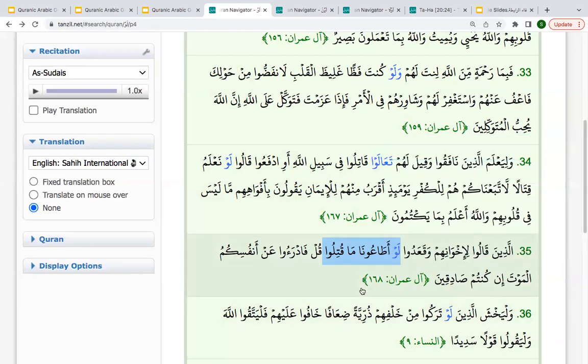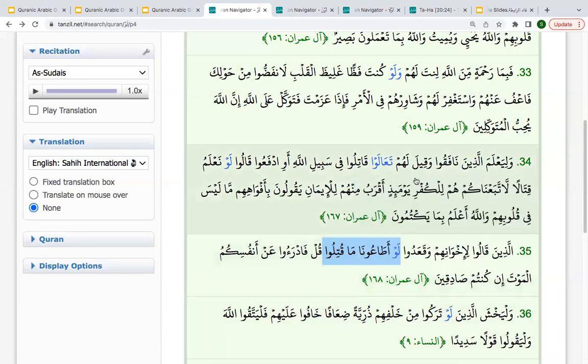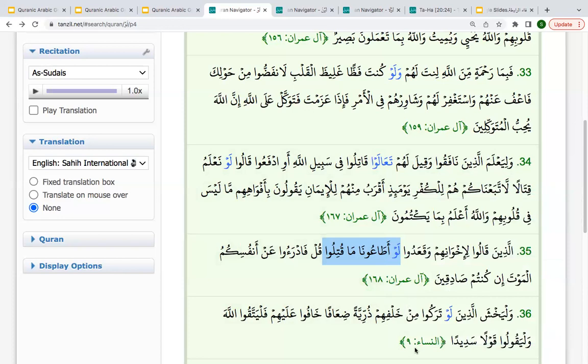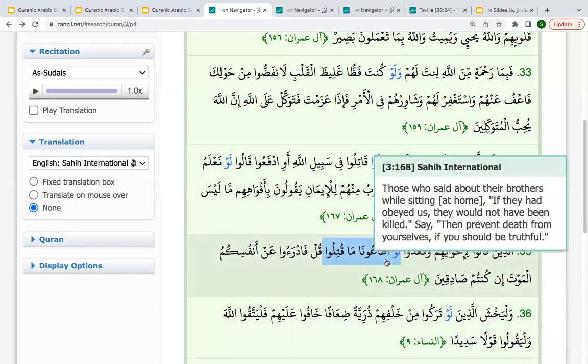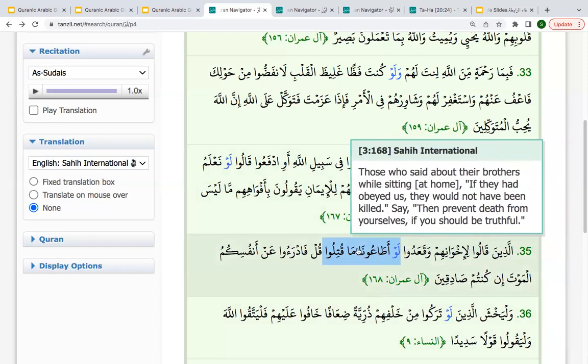No, very well done. So now start learning, start identifying your conditional statement and your response to the condition, jumla shartiya and jawabu shart. Where is your jumla shartiya? If... so, now where is your jumla shartiya ending?